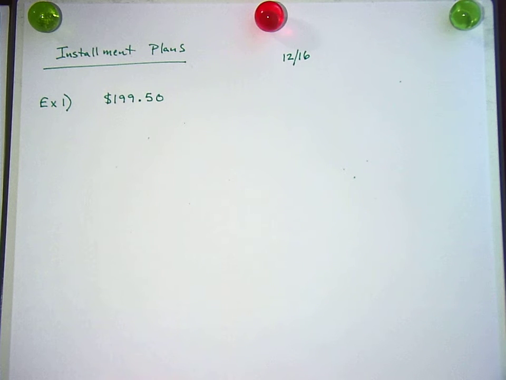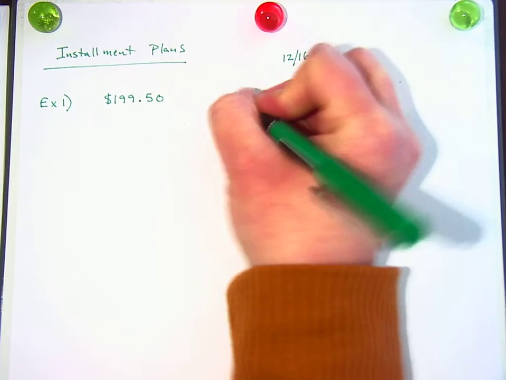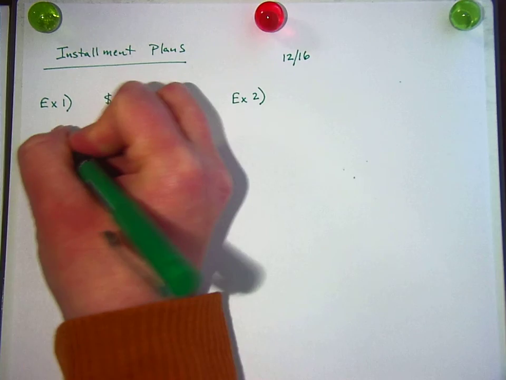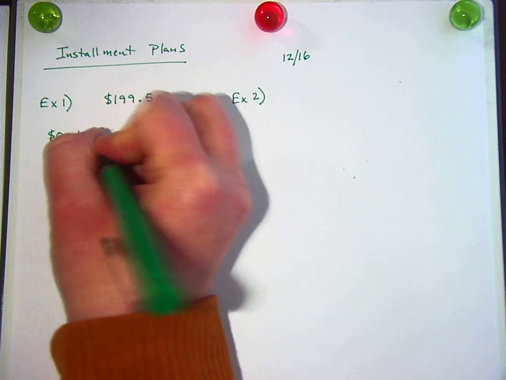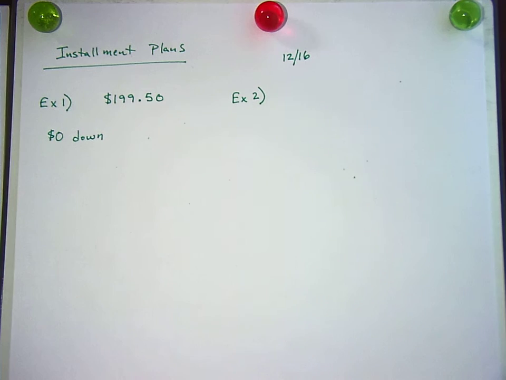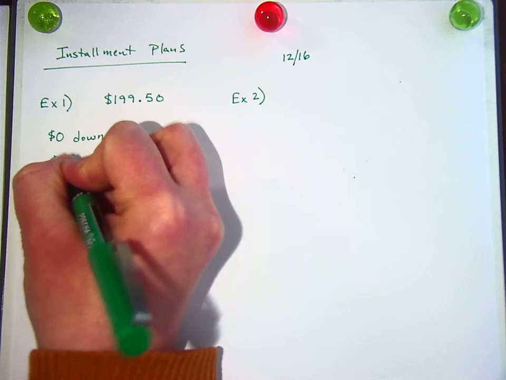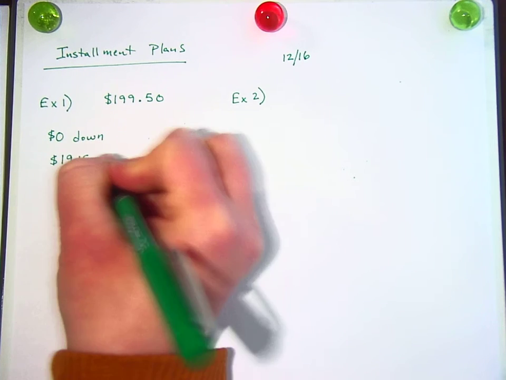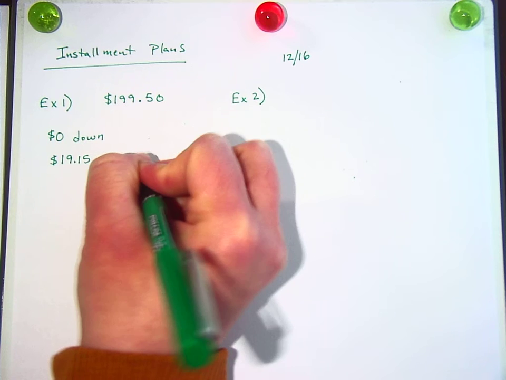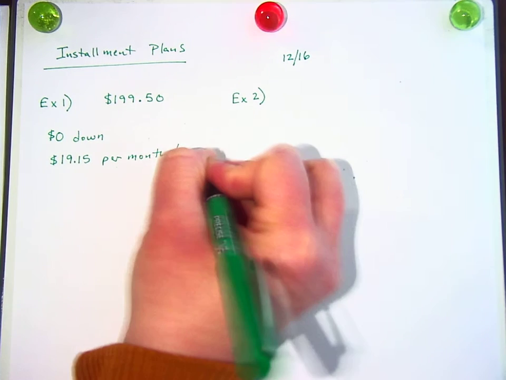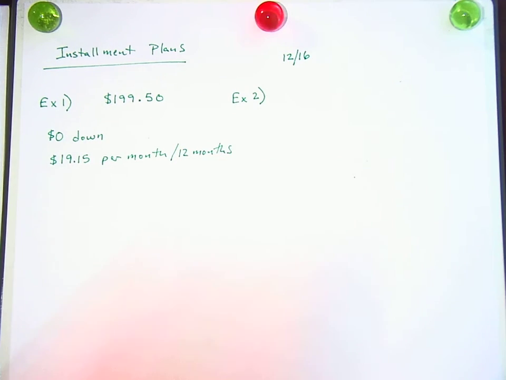And so they have 2 choices, and we're going to do both examples here. 1, you could pay 0 money down. That means you're not paying anything when you first get it. And then you would pay $19.15 per month, like a bill, for 12 months. So that's one option.